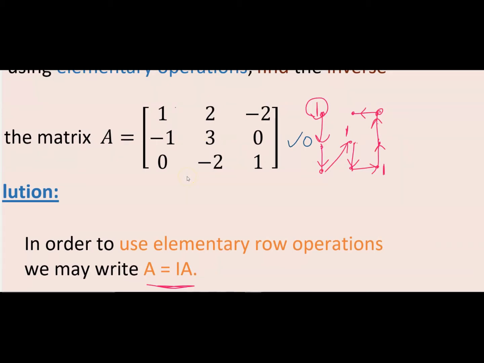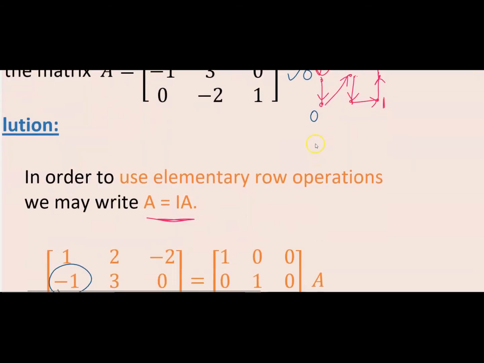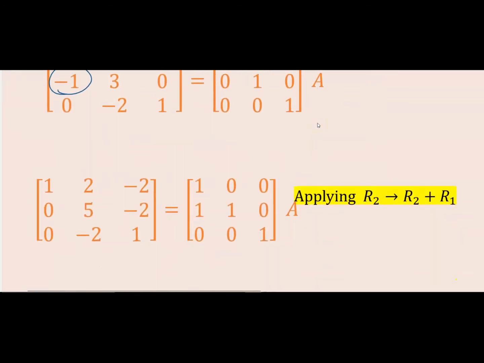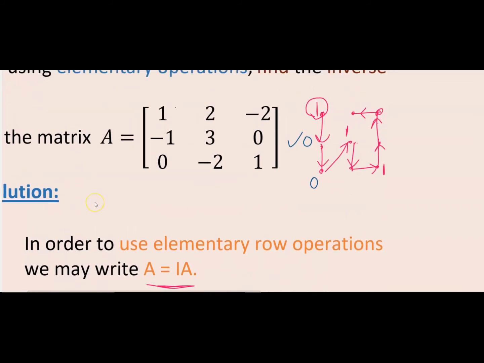Now let's move to the other entry. We need to convert this entry to 0, and as you can see, it is already 0 after applying the operation, so we are done with this one also. Let's move to the next entry, that is this entry 1.